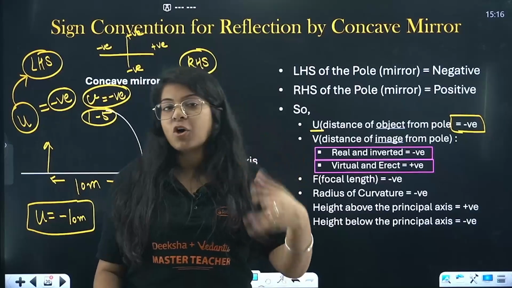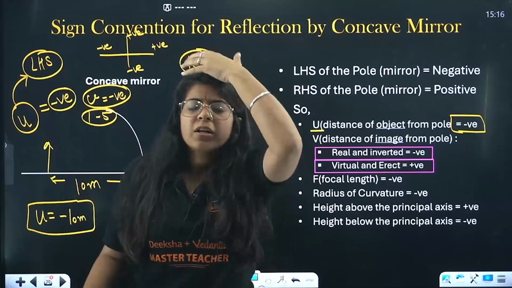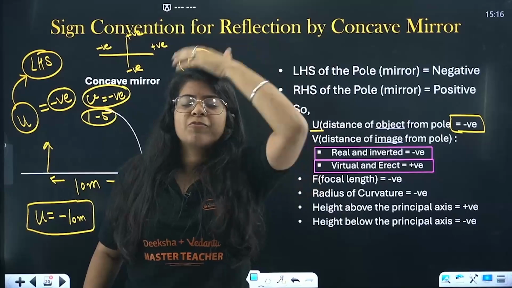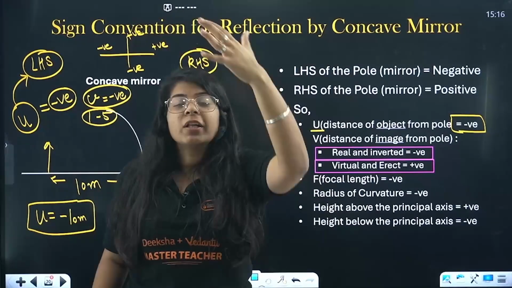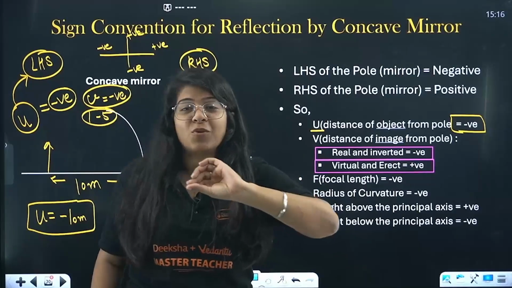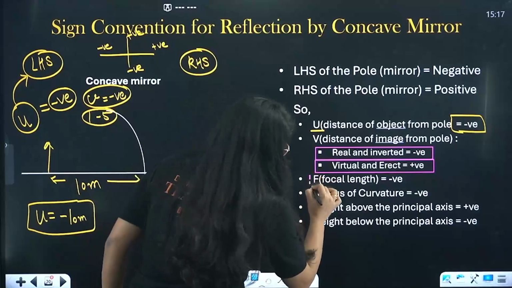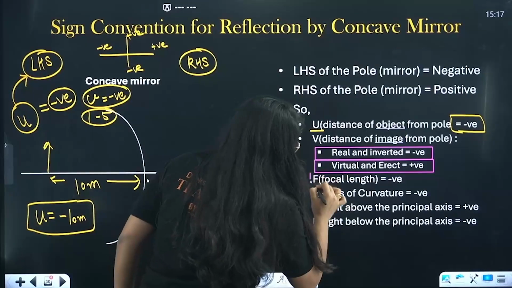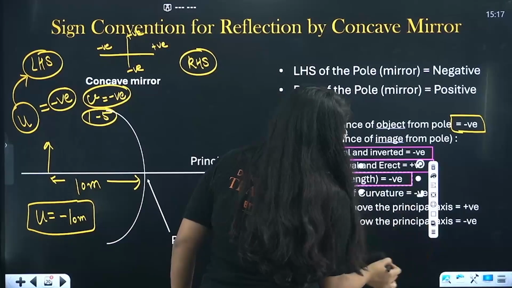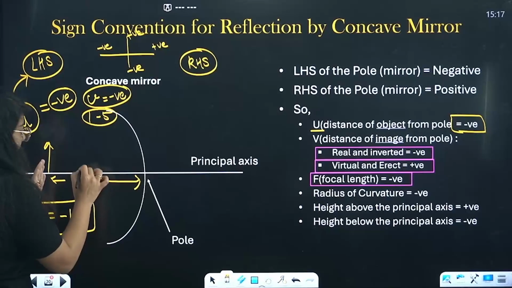Even when you talk about lenses also, but whenever you hear the word concave, the first thing you have to remember: focal length, negative. Concave, focal length, negative. I will tell you a trick to remember this focal length in a second. So beta, for concave mirror, this focal length is negative, because see, focal length is on this side, right?